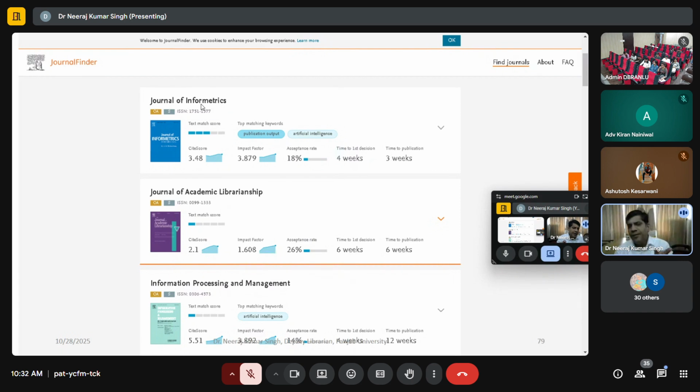So you can see, what do you think? Should I submit my article to an Elsevier journal or not? Just tell me. Here you can see the chances of acceptance are only 18%, 26%, 16%. So what do you suggest?